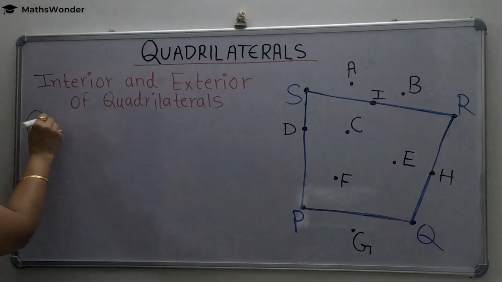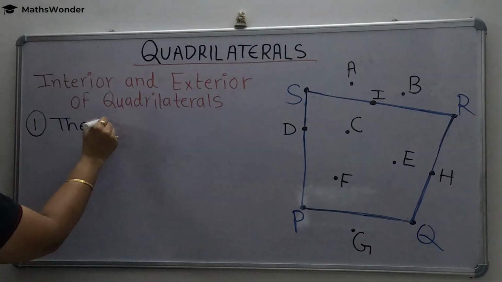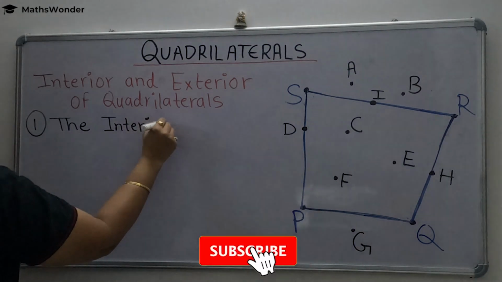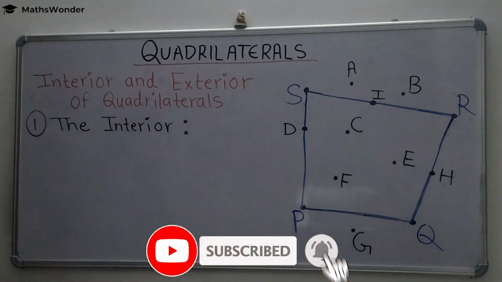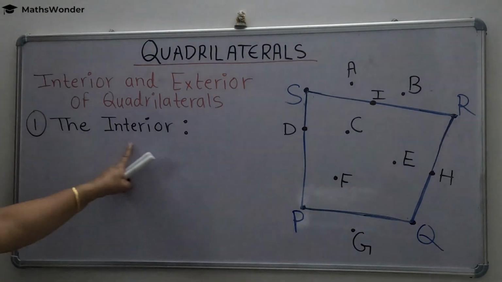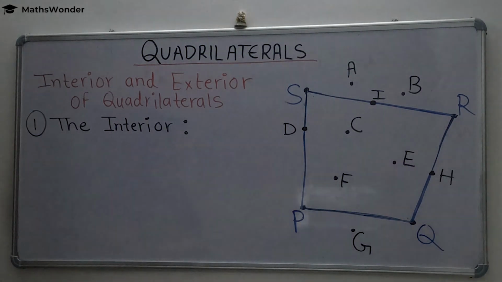Now see the interior. What is interior? The part enclosed within the 4 sides of the quadrilateral is called the interior region, right? So what are the points in the interior region of the quadrilateral?